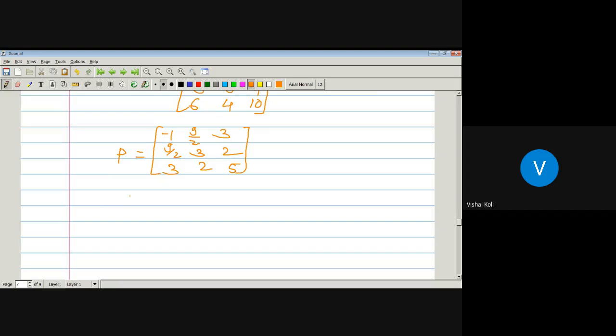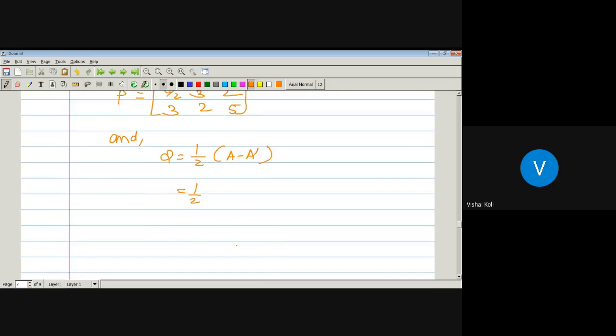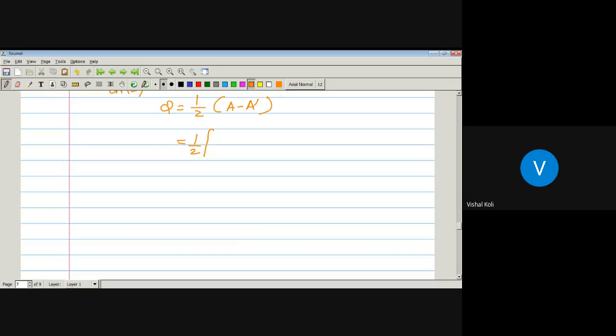And also now we have to find the Q matrix, and Q is equal to 1 upon 2 (A minus A transpose), which is equal to 1 by 2 times A minus A transpose. A is nothing but minus 1, 7, 1; 2, 3, 4; 5, 0, 5, and minus its transpose, minus 1, 2, 5; 7, 3, 0; 1, 4, 5.